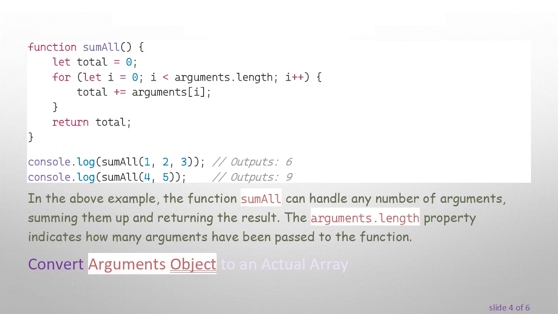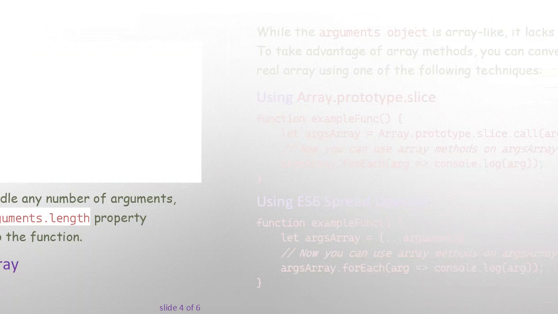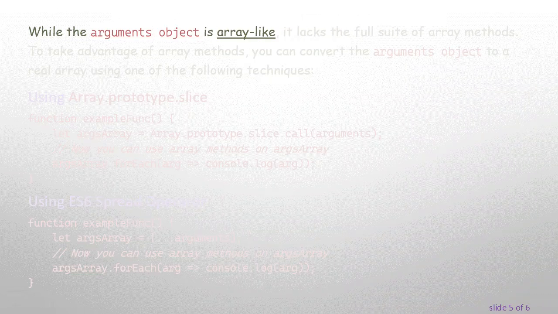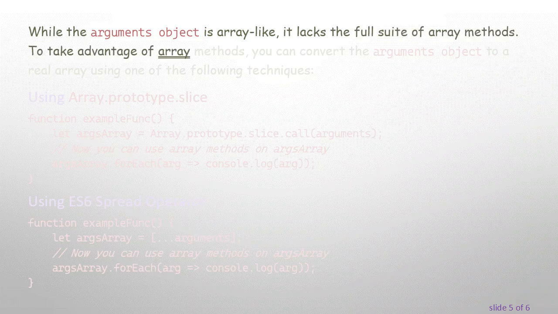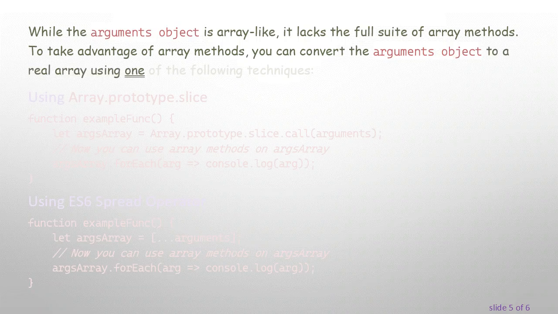Convert arguments object to an actual array. While the arguments object is array-like, it lacks the full suite of array methods. To take advantage of array methods, you can convert the arguments object to a real array using one of the following techniques. Using Array.prototype.slice.